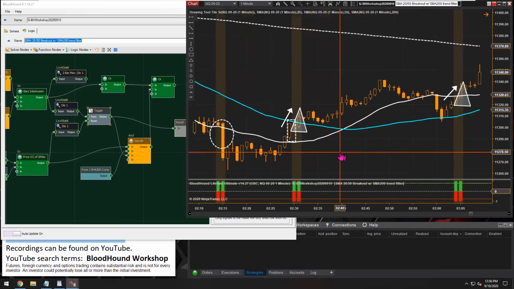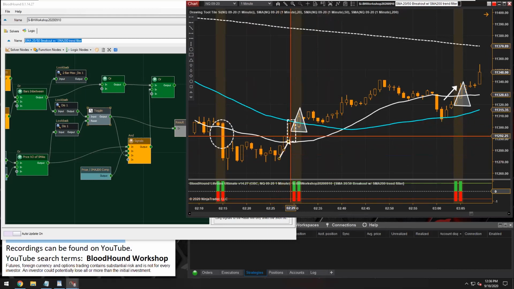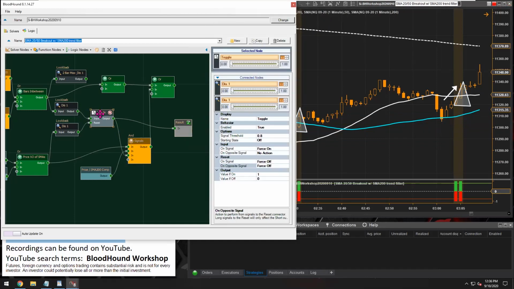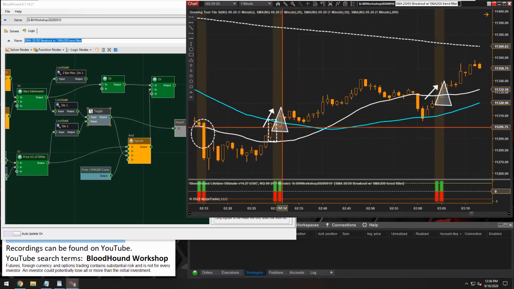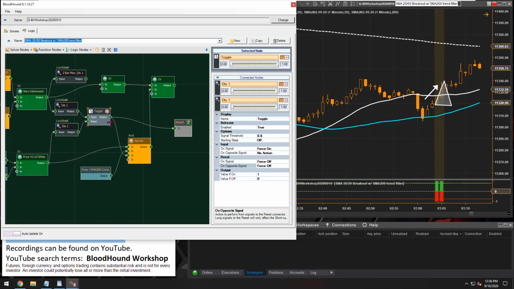So the problem that we had was a couple of inside bars, and then when they would cross up, the cross up was not turning the toggle node off. When price crossed down, that was turning the toggle node off, but the cross up was not. So with the toggle node, on the reset, I just took the on signal and the on opposite signal.